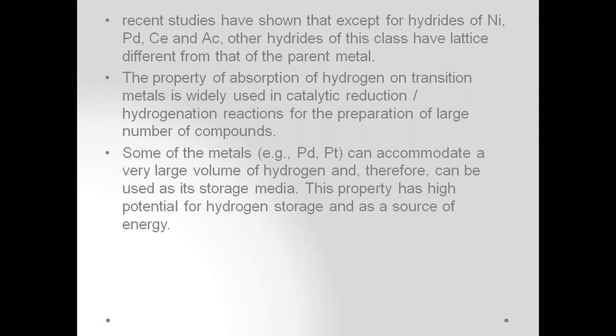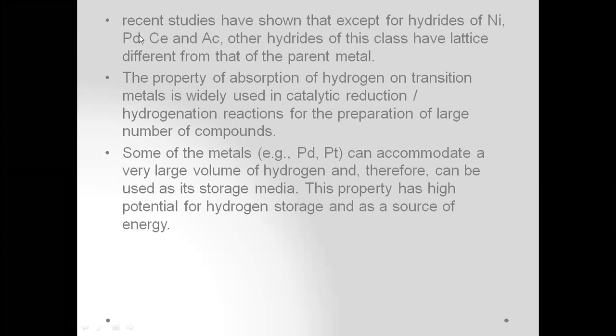The property of absorption of hydrogen on transition metals is widely used in catalytic reduction and hydrogenation reactions for the preparation of a large number of compounds. The transition metals, the D block elements, are used as catalysts in reactions.